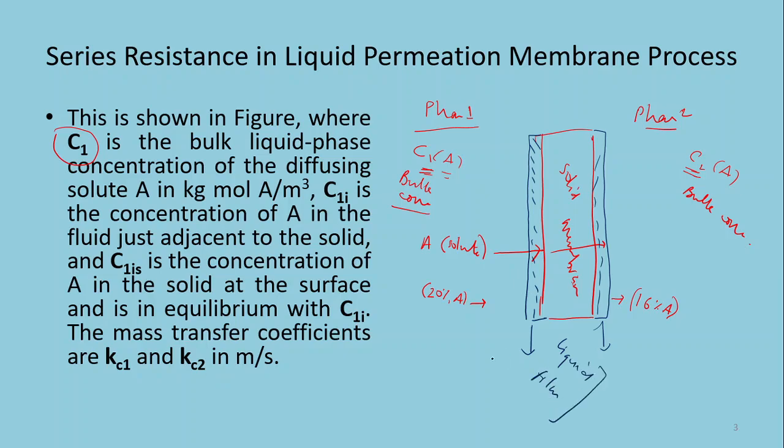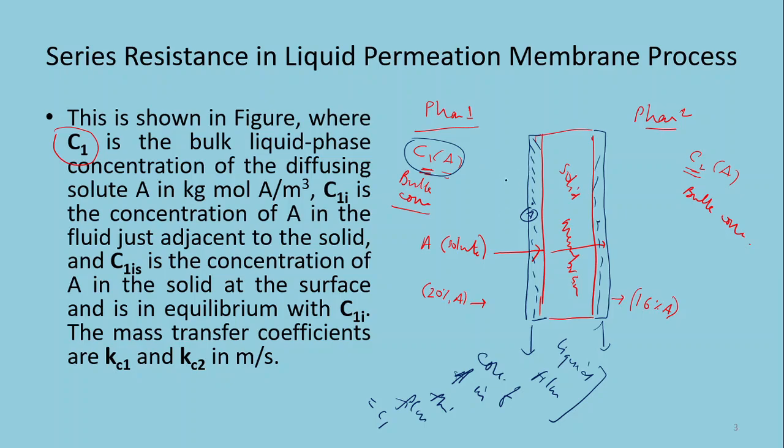The concentration of A in this film is not equal to C1, but it is less than C1. Similarly here the concentration is less. So we have to understand these two things.